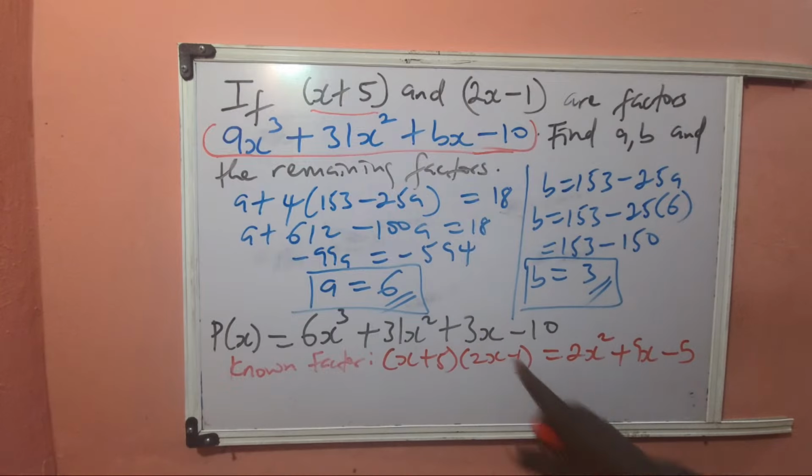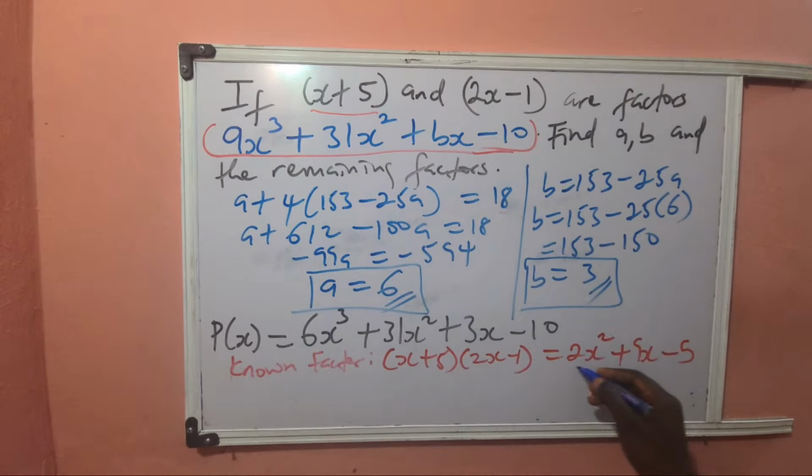That means if you divide this particular polynomial by this, what you get will be the remaining factors.